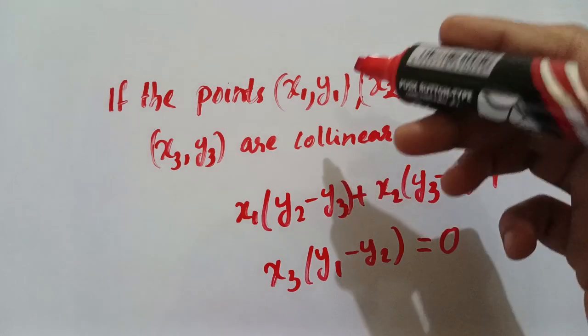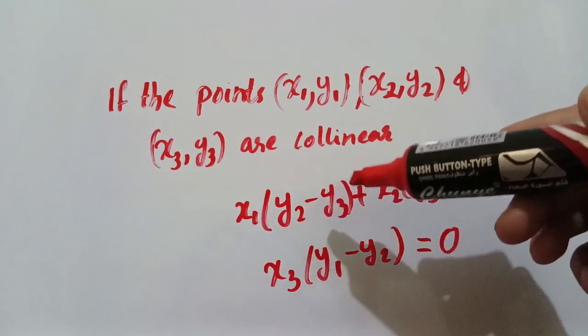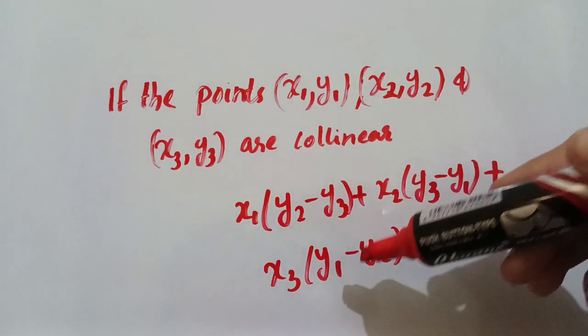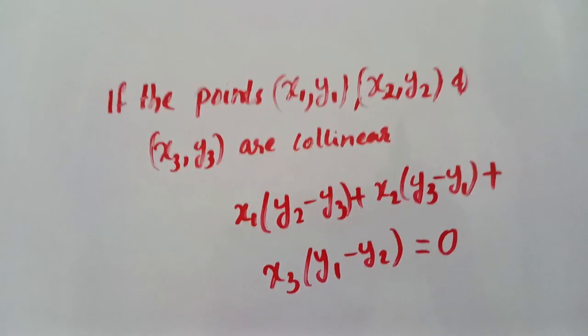That is, if these 3 points are collinear, that expression is equal to 0.